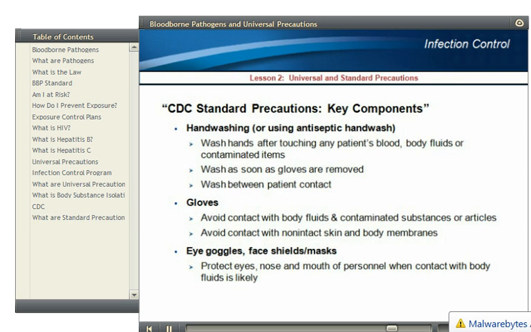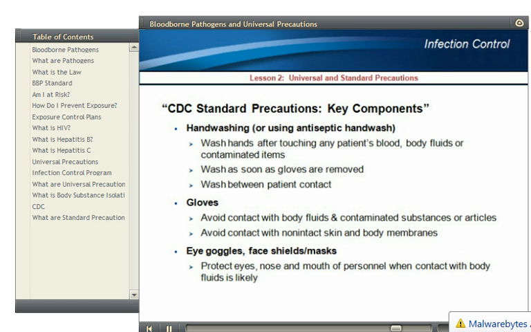CDC standard precautions. Key components: hand washing, or using antiseptic hand wash. Wash hands after touching any patient's blood, body fluids, or contaminated items. Wash as soon as gloves are removed. Wash between patient contact.